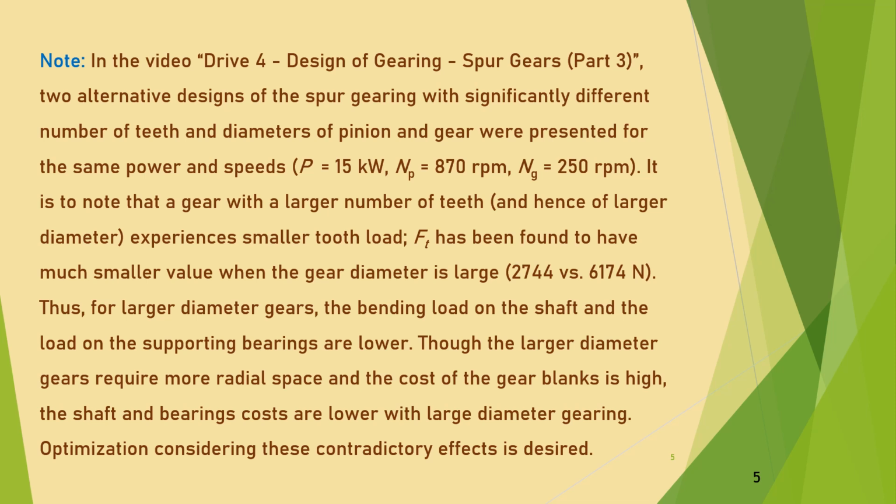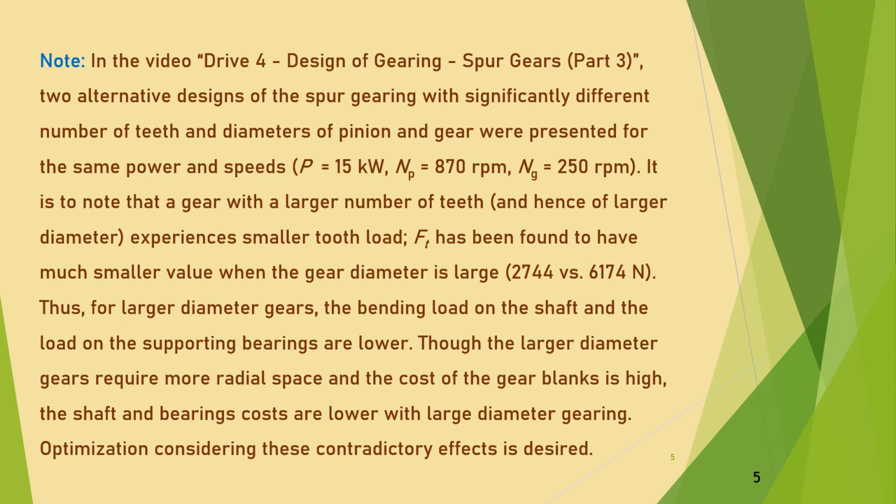It is to note that a gear with a larger diameter or larger number of teeth experiences smaller tooth load. Ft has been found to have much smaller value when the gear diameter is large, 2744 Newton versus 6174 Newton.